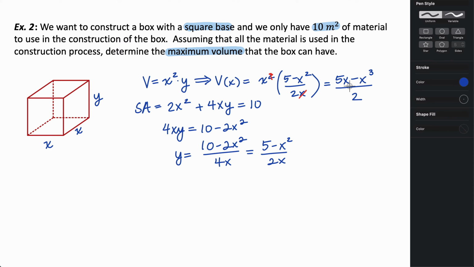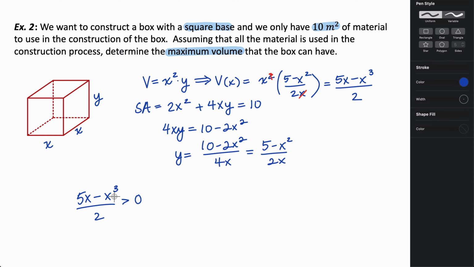Now we know that our volume needs to be positive. And so it has to be greater than 0. So to figure out the possible values for x, we could set this to be greater than or equal to 0, because we know that it has to be positive, and then go and solve.